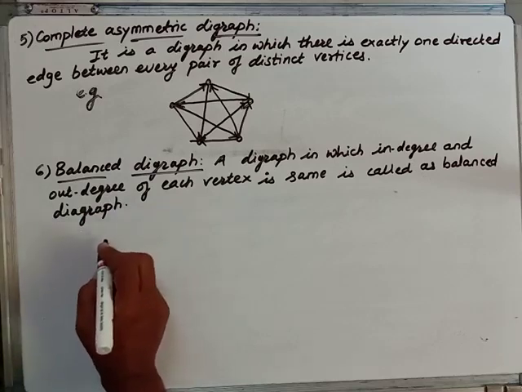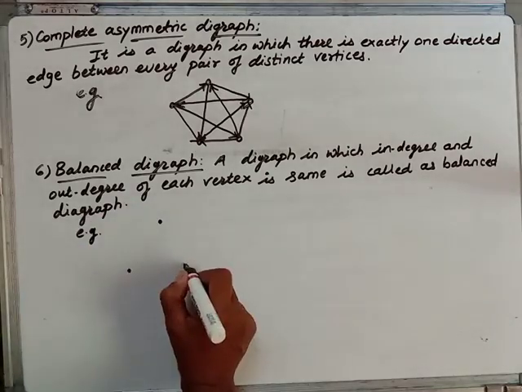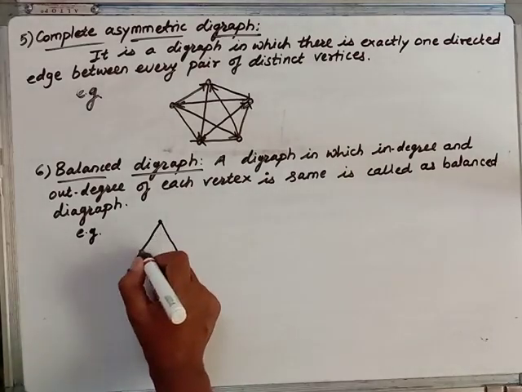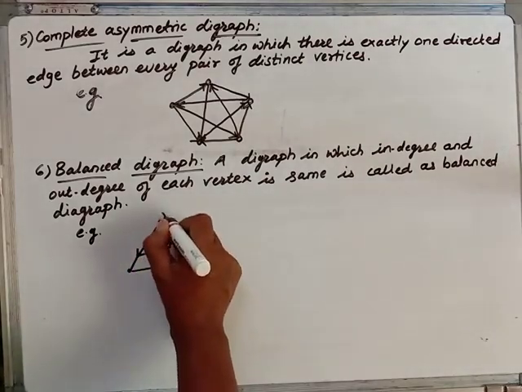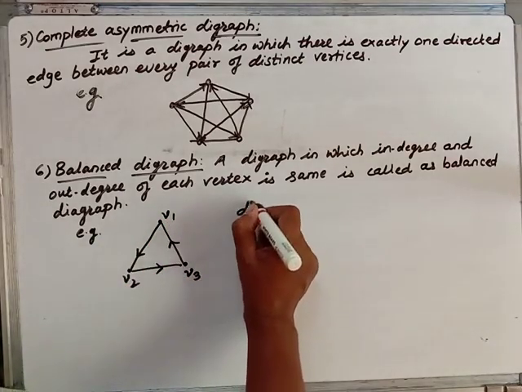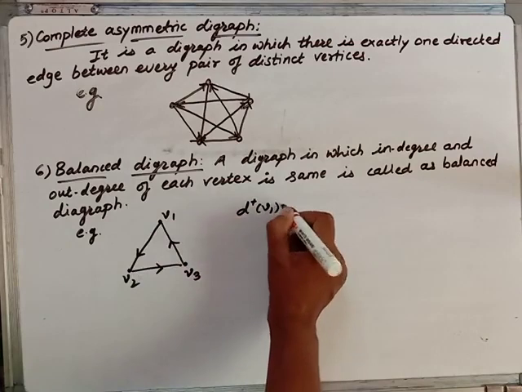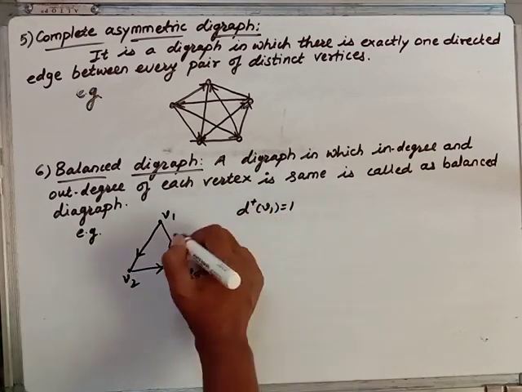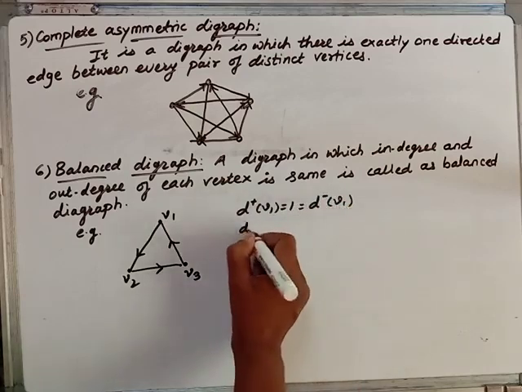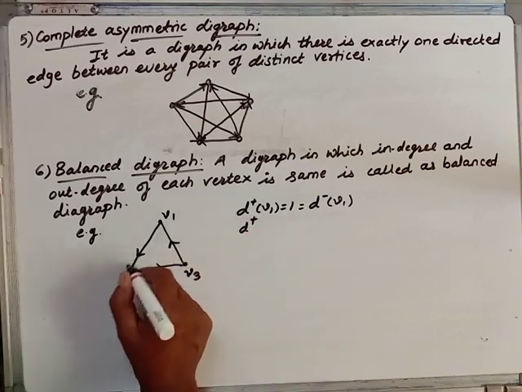Okay, for example, suppose V1, V2, V3. Look at what is the out degree of V1. Two edges are there, one is away from it, so 1. What about the in degree of V1? It is also 1. What about V2? Same, 1 out degree, 1 in degree.